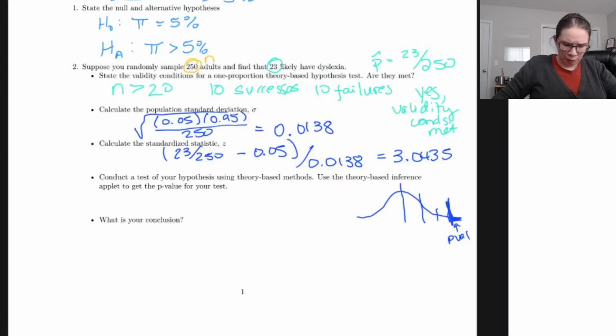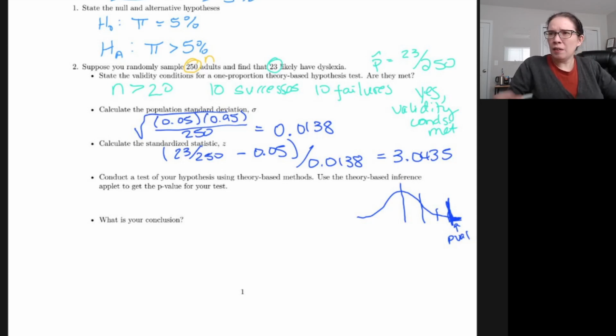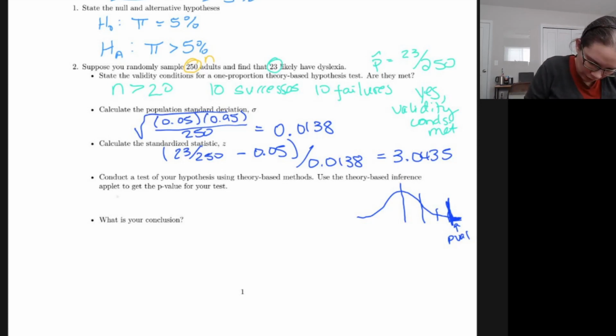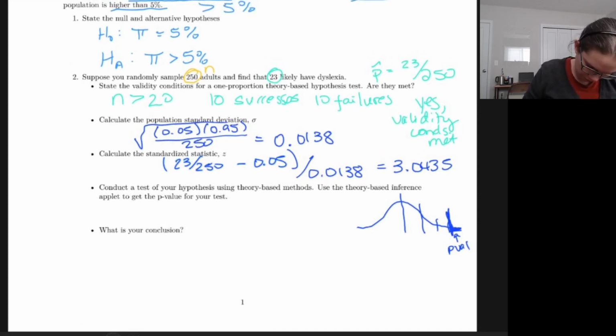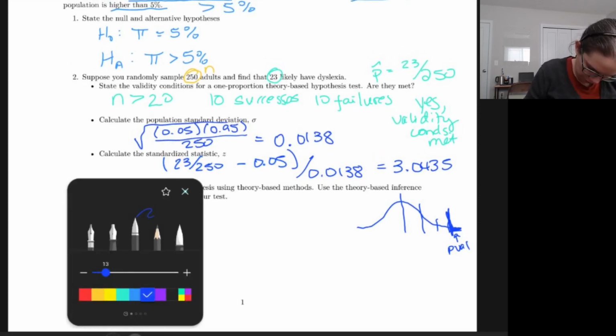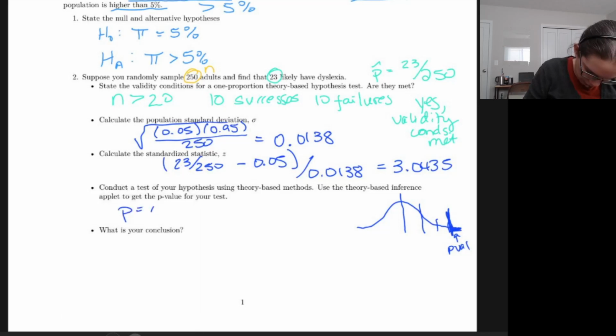If I switch back over here, P equals 0.0012. As expected, it's on the same side as the picture we drew, and it's about as small as we thought it would be.